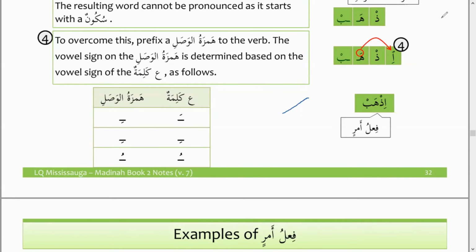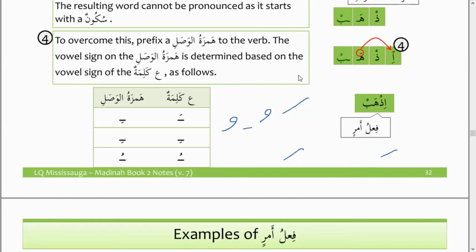Never at all. It will always start with a kasra. If the middle letter, ain kalima, is a fatha or a kasra, it will be kasra. And if it is dhamma, it will be a dhamma.